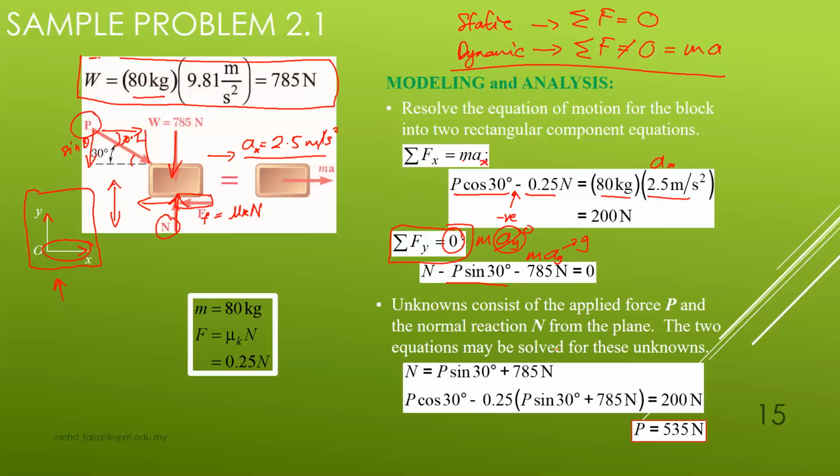So you have this equation, let's say this is equation 1, and this is your equation number 2. You have two unknowns, which are P and N, and then you have two equations. Then you can solve for the value of P.